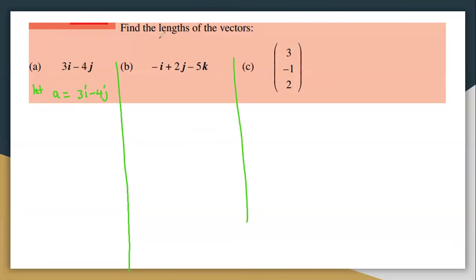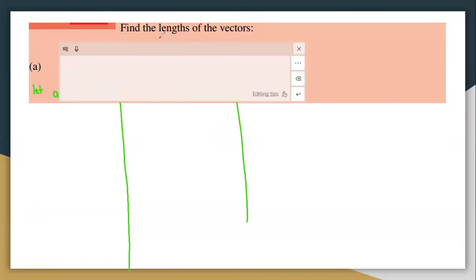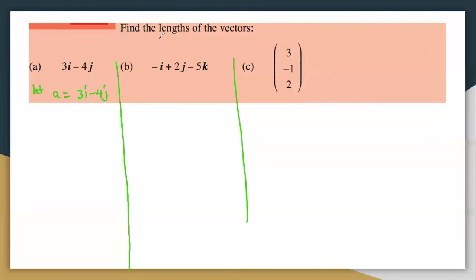Okay, Esther, you can come in. I don't know how we are using the i and j to find the units. I don't know how to find the length. Can you tell us the formula for finding the length? We have said that when we have 2 dimensions, i and j, we shall have x squared plus y squared.